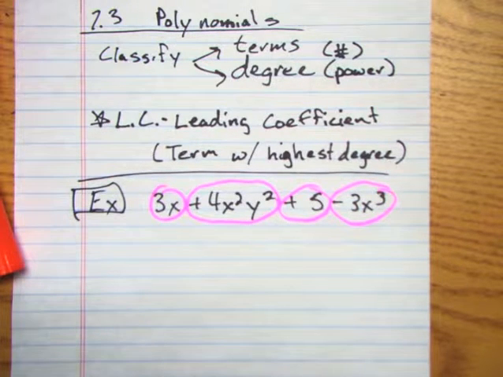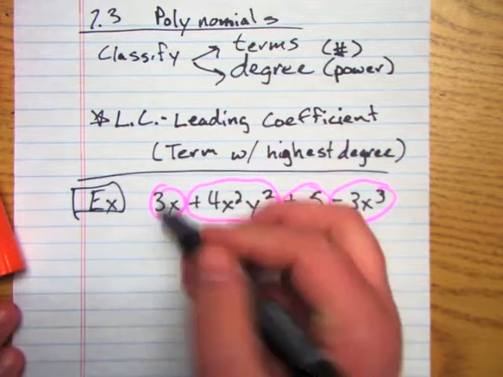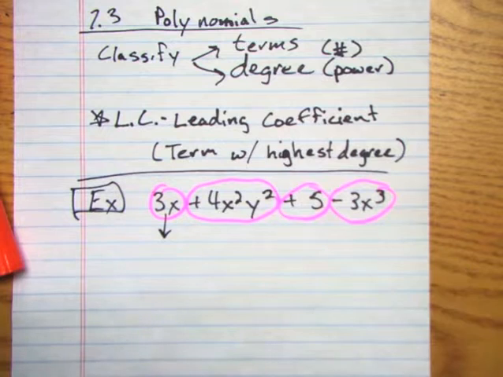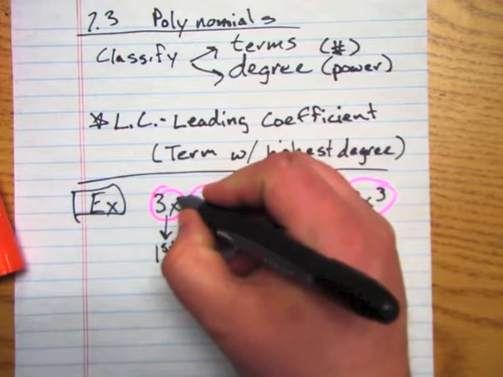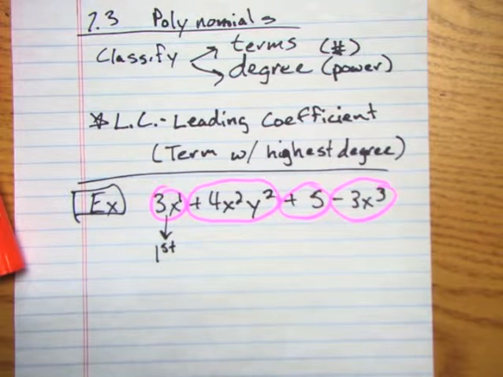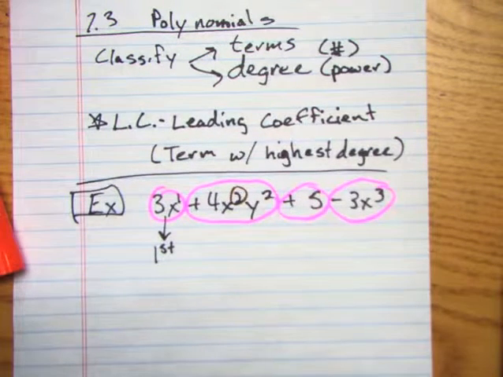Now, degree is really just referring to how many variables we are going to have total for that term. So here I have x to the first power, so this is what we call a first degree monomial, because that's x to the first. Well, now here I have to be careful because I have two x's, right? X times x is x squared. Y times y is y squared.